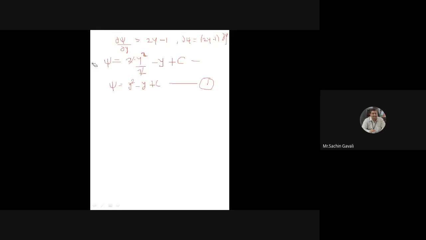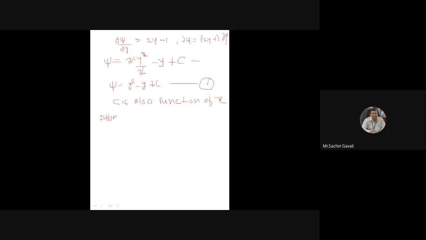Now, no problem. So here psi is also a function of x, therefore c is also a function of x. Now, differentiating equation 1, write down like this.